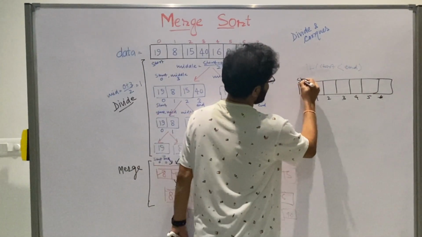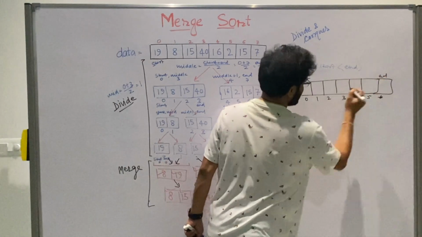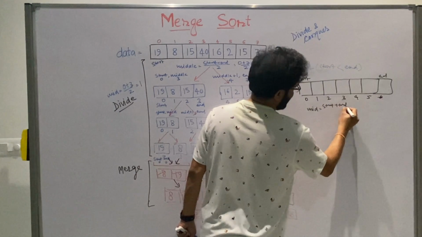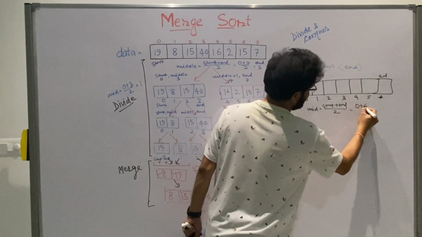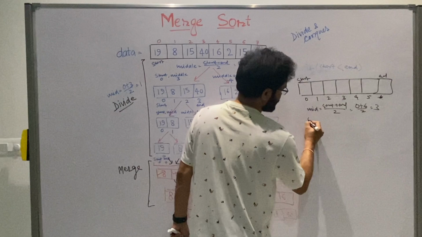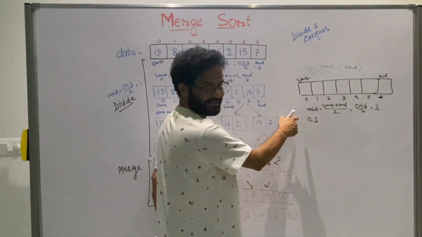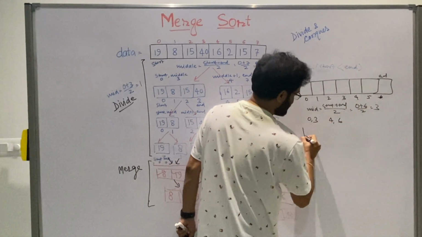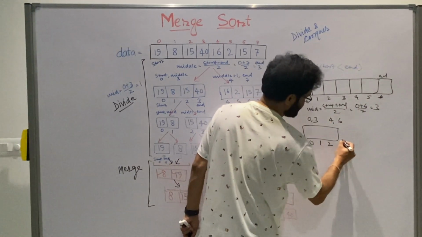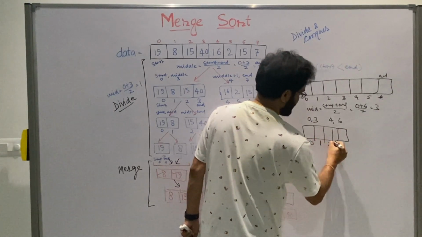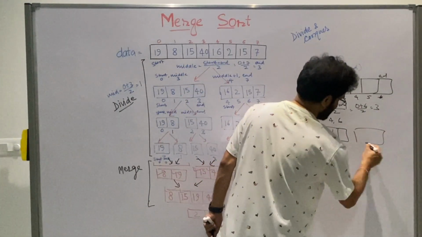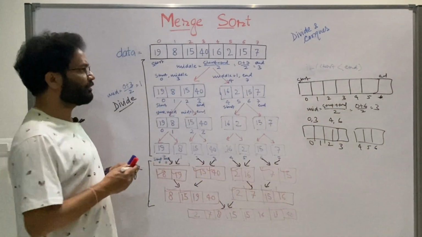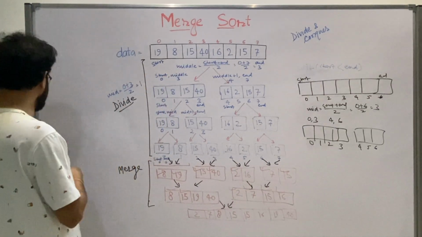If this is the start and this is the ending, your mid would be start plus ending divided by 2, means 0 plus 6 divided by 2, which is 3. So one part will be 0 to 3, start to mid, and another one is mid plus 1 to the end. So you will have this side 4 and this side 3 elements. So the same algorithm will work whether you have an even number or an odd number, right?